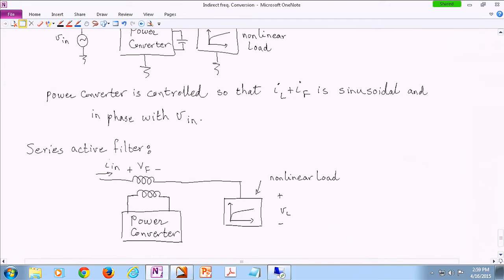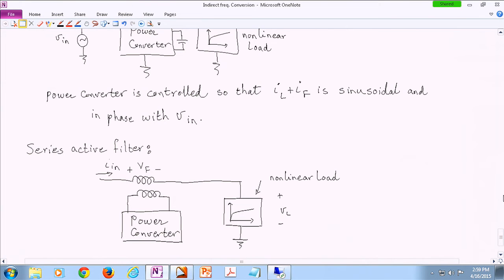Again, this power converter is really not providing power. It's sometimes charging and discharging its capacitors, but overall it is synthesizing a voltage that is added to the load voltage. So this time, you're controlling this voltage instead of controlling the current.